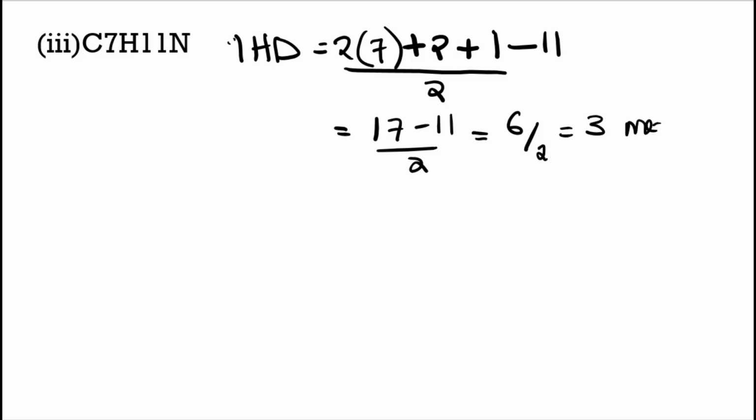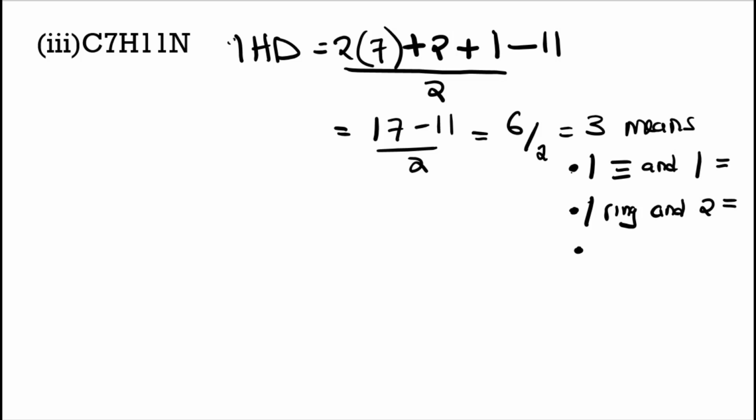What this means is that you can have 1 triple bond and 1 double bond in one structure, or you can have 2 double bonds and 1 ring.